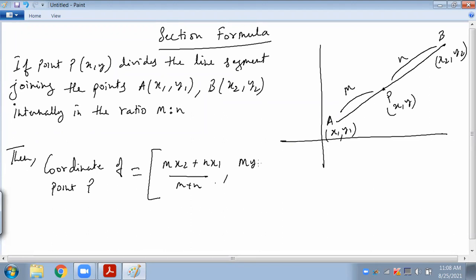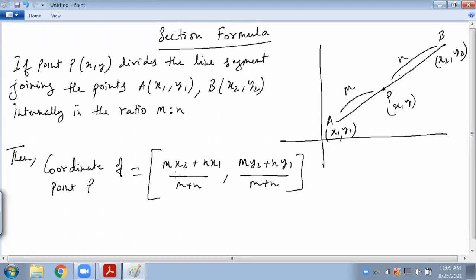M y2 plus N y1 by M plus N. In the book, it is given in terms of M1, M2, but I'm taking in terms of M and N. So don't get confused. Instead of M1, M2, I'm taking M and N. So in the book, it is divided in the ratio of M1 is to M2, but I am dividing it in the ratio of M is to N.